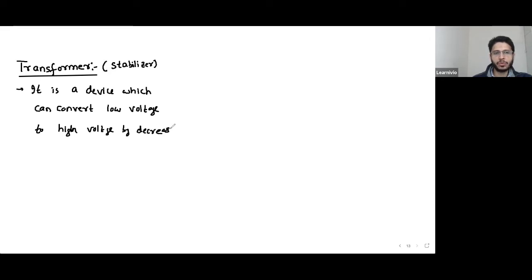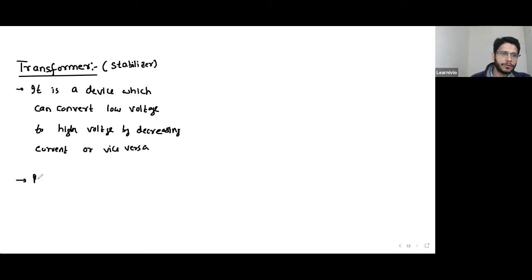So when it increases voltage, it decreases current, or vice versa. Or it can convert high voltage to low voltage, or vice versa. So that's basically a transformer. It converts low voltage to high voltage by decreasing current, or it can convert high voltage to low voltage by increasing current. So when it increases voltage, it decreases current. When it decreases voltage, it increases current. That's transformer.